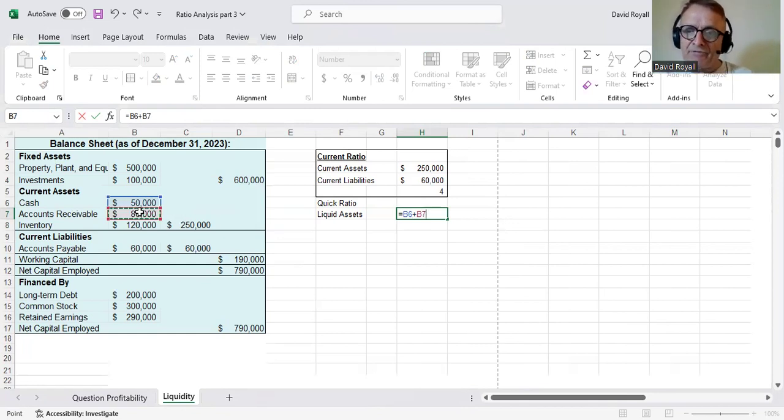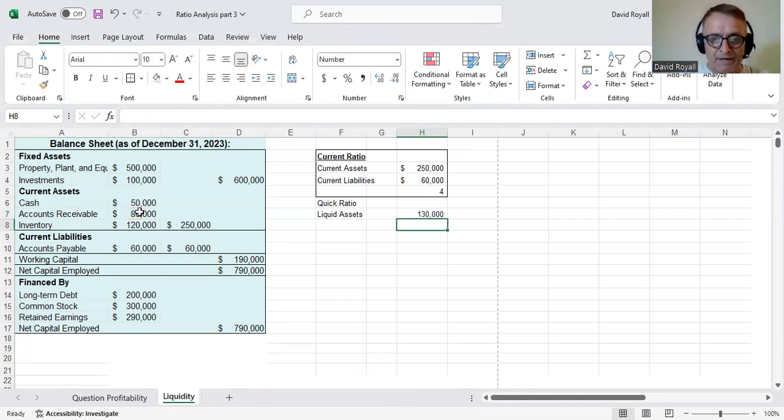Now, in reality, some of your accounts receivable may not ever be received because people do naughty things like not pay you. Businesses going bankrupt, individuals who owe you money doing a runner, whatever. Anyway, I'm going to take that as fairly liquid assets. So why not stock?